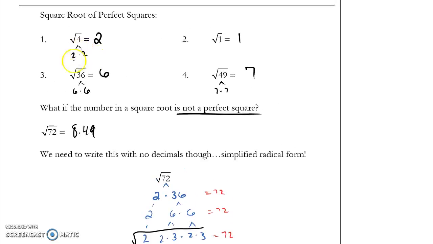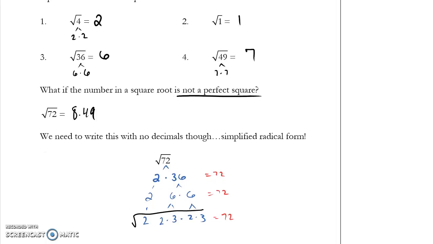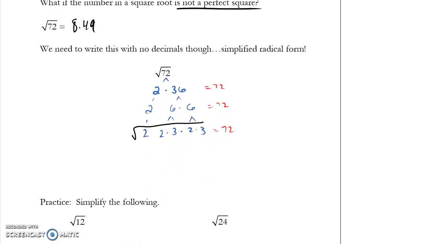Now, think back to up here. Square root of 4 is 2 times 2 is 2, because it's a pair of 2's. The whole idea here is I'm looking for pairs. I want to pair up two numbers to form perfect squares. I know that 2 times 2 is 4, and that the square root of 4 is just one of these, is a 2. So I'm going to use a 2, get rid of this 2.